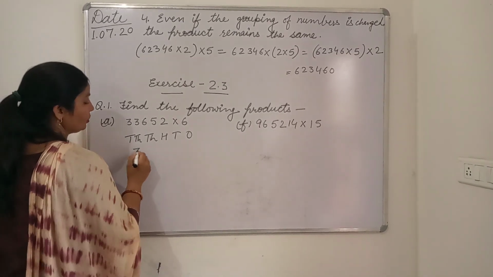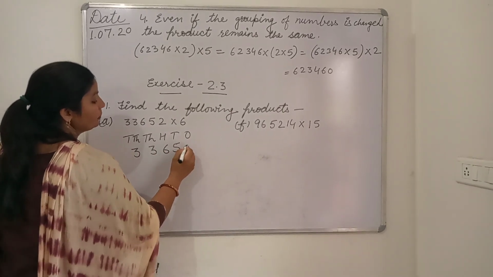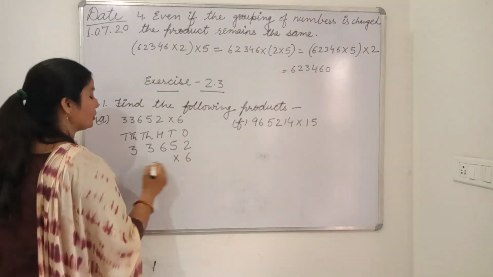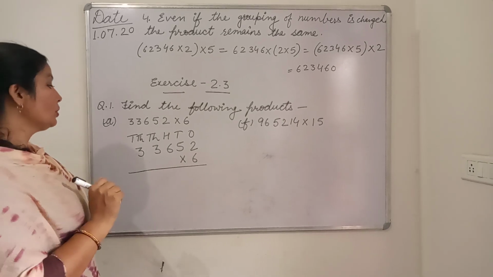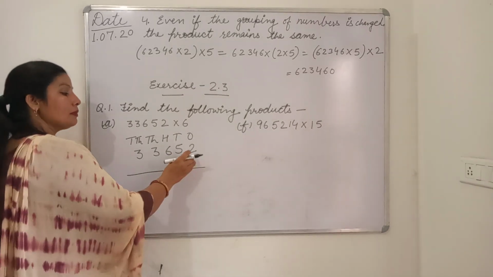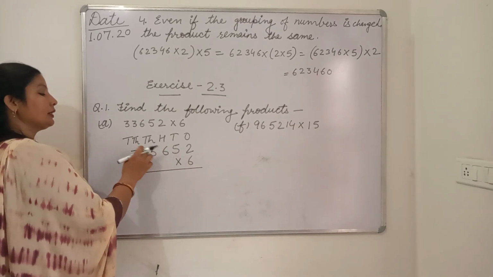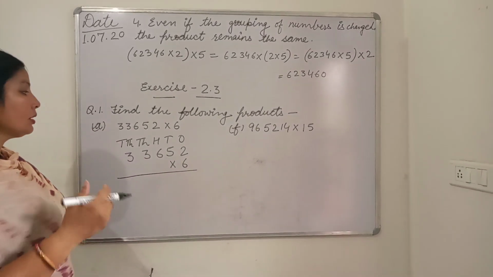Now we should recite the table of 6, and we should multiply by the ones column, then tens, then 100, then 1000, then 10,000. That will be our answer.